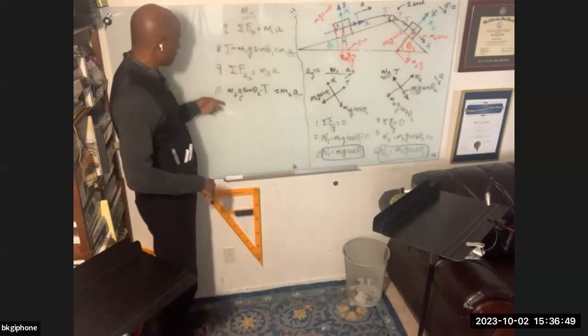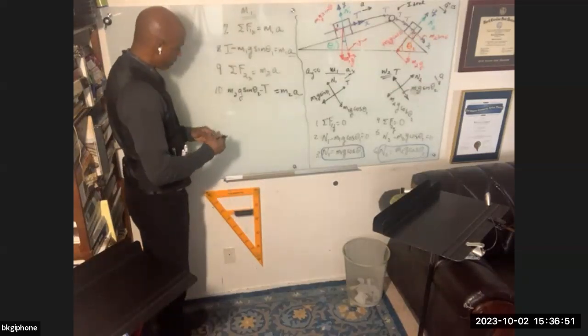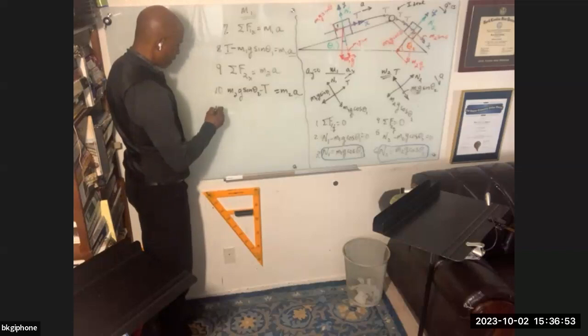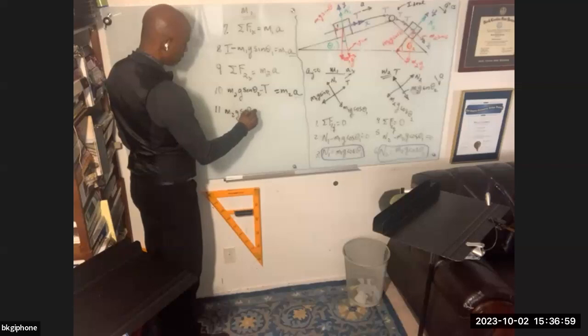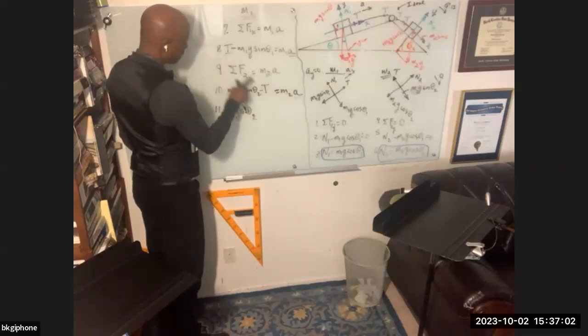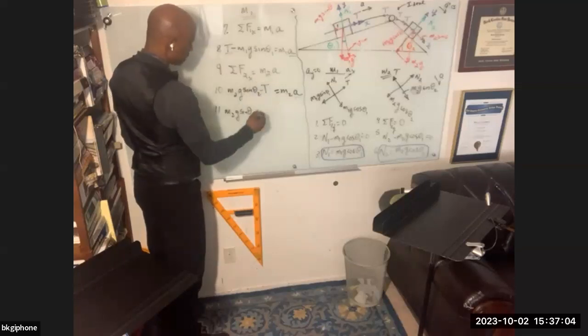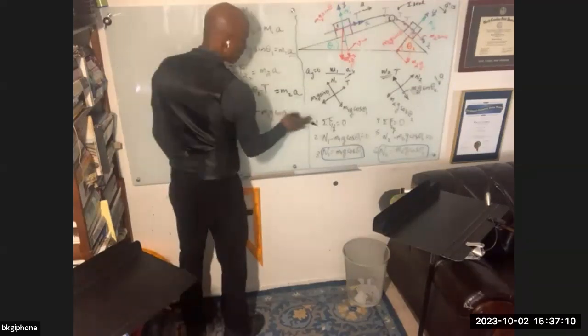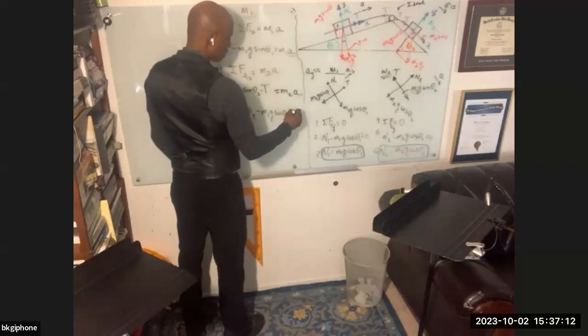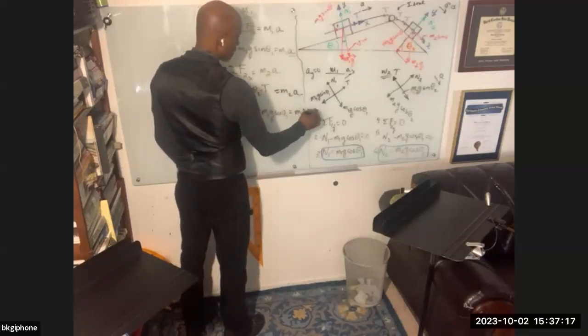Okay, adding 8 and 10. That's going to be positive M2G sine theta 2. These cancel the T's, and then a minus M1G sine theta 1. And that's going to be equal to M1A plus M2A.